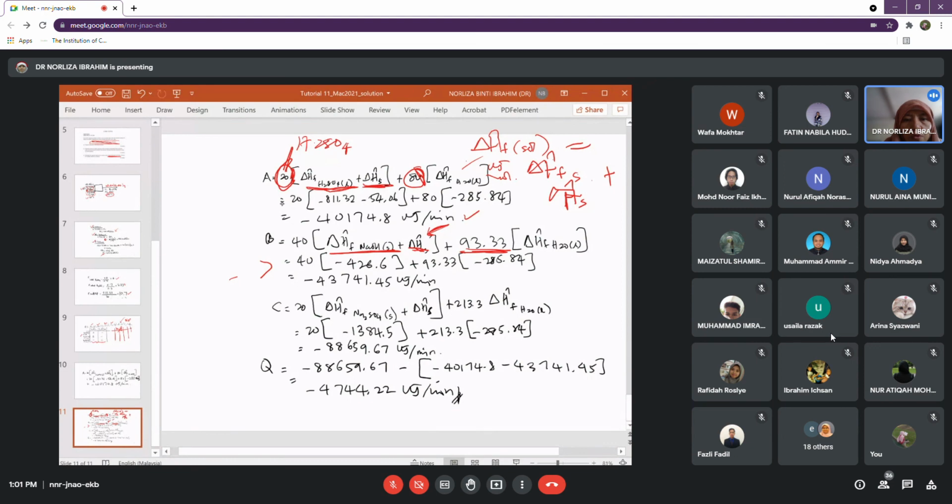And lastly for the C, there is no integration of CpdT, because this is all at 25 degrees C. For C, it is 20 for the Na2SO4. Heat of solution can be assumed to be 0. And then for the water it is 213.3. Once you form that, you get the values, and then you put them into the energy balance equation. Negative 4744.22 kilojoule per minute.